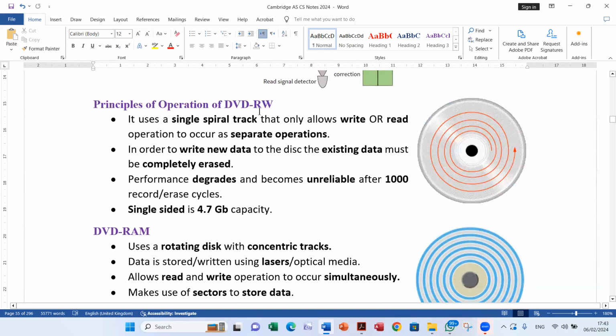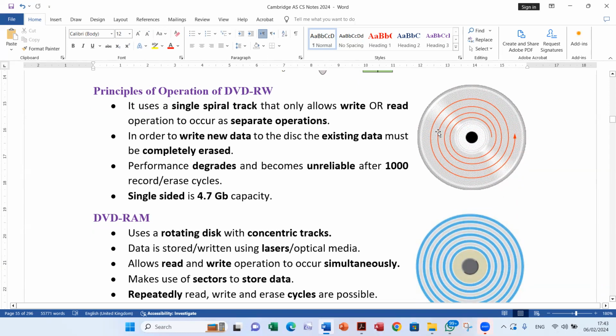Principles of operation of a DVD-RW. It uses a single spiral track, as you can see, that allows write or read operations to occur as separate operations, not both at the same time. In order to write new data to the disk, the existing data must be completely erased.